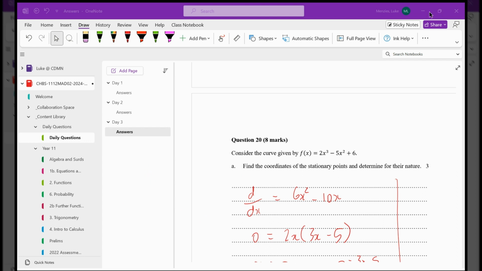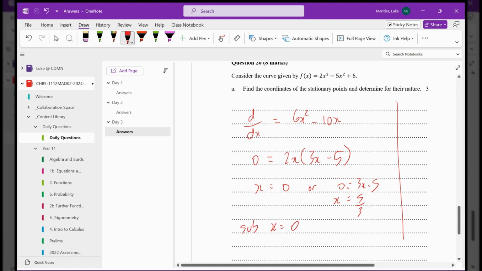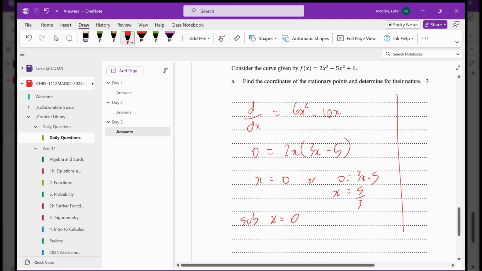All right. So you could find the stationary points, and I haven't done that yet. Sub x equals 0 into the original function, and we should get 6. So y is equal to 6 when you sub that in. So our first stationary point is (0, 6), and we'll sub 5/3 in.